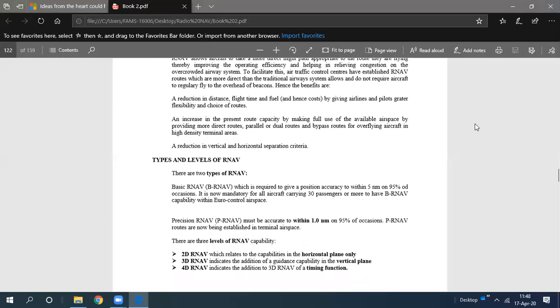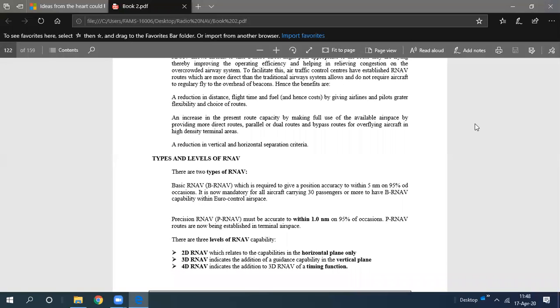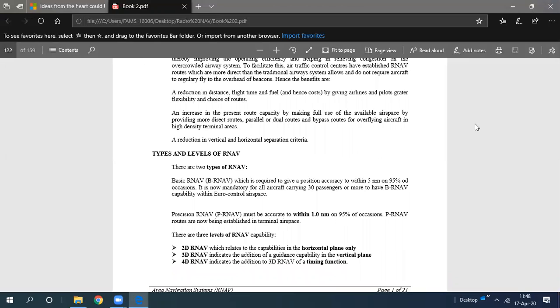The levels or capabilities of RNAV are 2D, 3D, and 4D. A 2D RNAV system means only the horizontal position of the aircraft in terms of latitude and longitude. 3D RNAV means the vertical, the height, also. And in the 4D navigation system, the timing functions are also included.